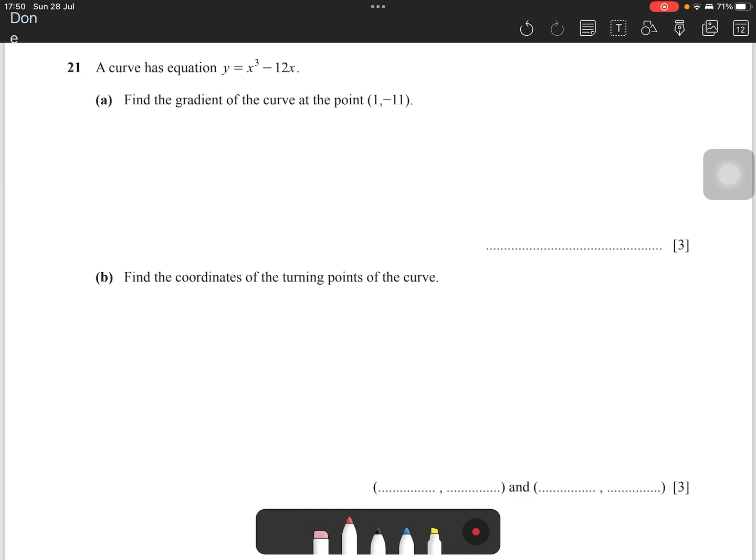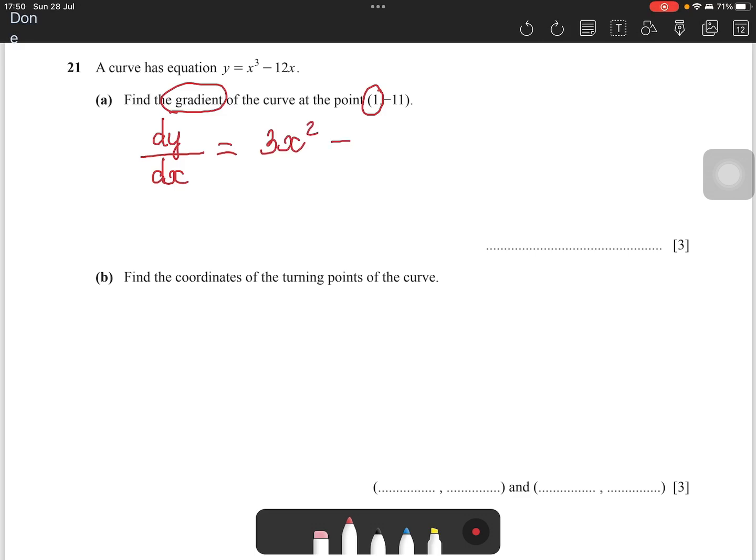Question 21. A curve has an equation y equals x cubed minus 12x. A. Find the gradient of the curve at the point 1, negative 11. Actually, we just care about the x. So to find the gradient, first we need to find the derivative of this. The derivative of x cubed is 3x squared.